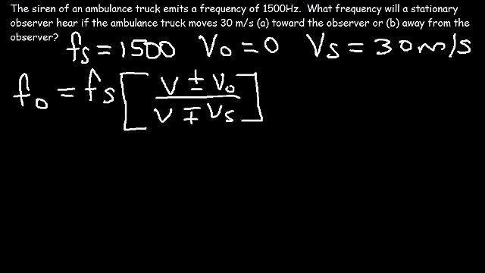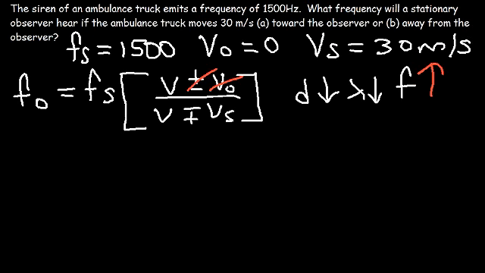So VO is 0, which means we don't need to worry about the signs on top. The source is moving, so we need to find out if we're going to use a negative sign or a positive sign. If the truck moves towards the observer, the distance is decreasing, which means the wavelength is decreasing, and therefore the frequency should increase.